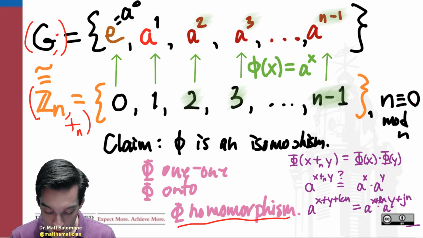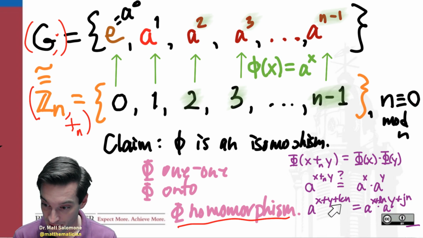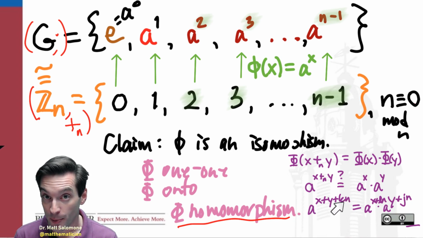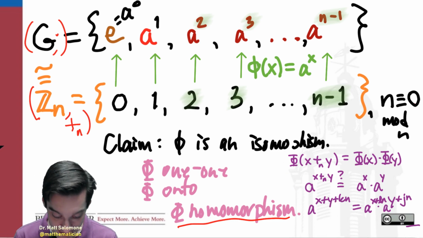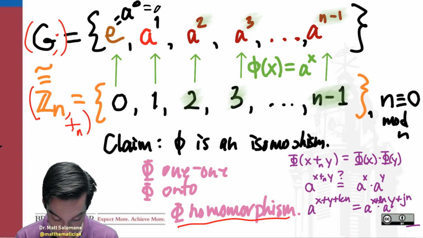But here's how I'm going to quickly explain this away so we don't get bogged down in this detail. What's going to happen when I raise a to one of these unknown multiple powers of n? Well, a to the power n is just the identity element in the group G, because a is a generator, and therefore it has order n.